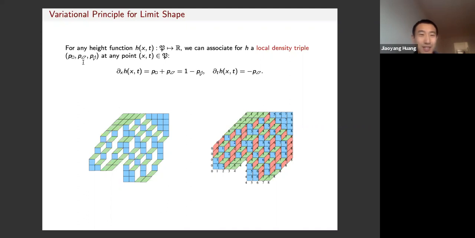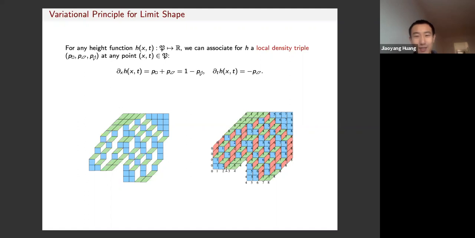You get those three numbers p, which are the densities for those three types of Lozenge. The sum is 1. You can also directly compute this local density triple from the height function. If you take the derivative with respect to x, which is the horizontal direction, as you can see, if it's a blue Lozenge, the derivative is 1.